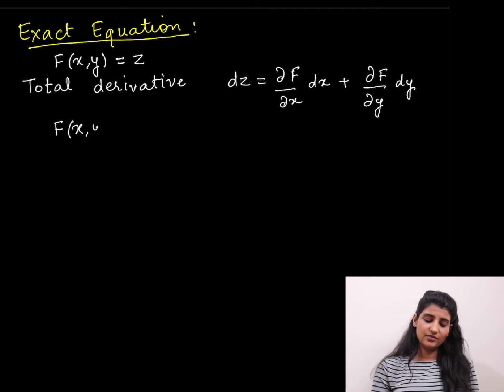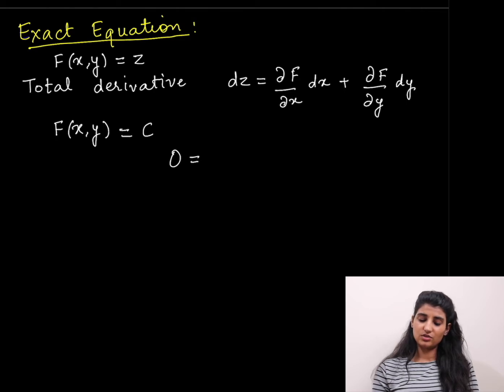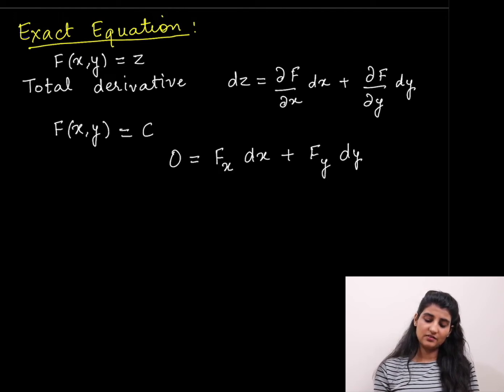But if this function f(x,y) is constant, we will get that the total derivative is equal to 0. The partial derivative with respect to x we denote with f_x, so 0 equals f_x dx plus f_y dy, right?